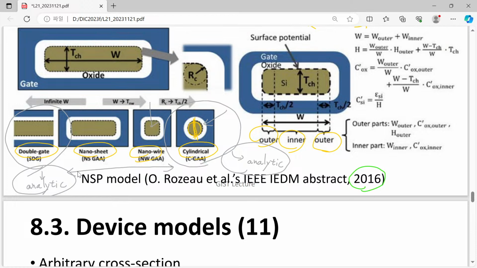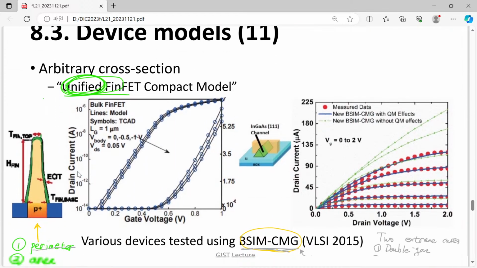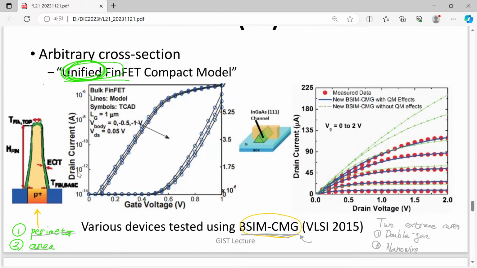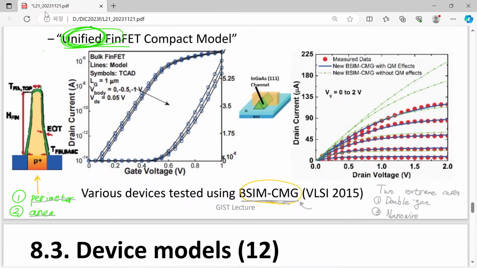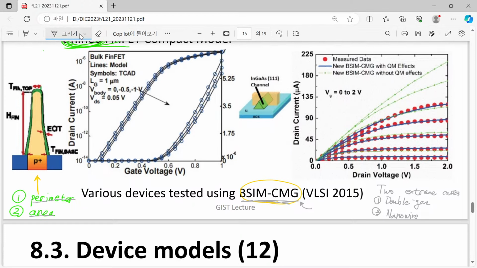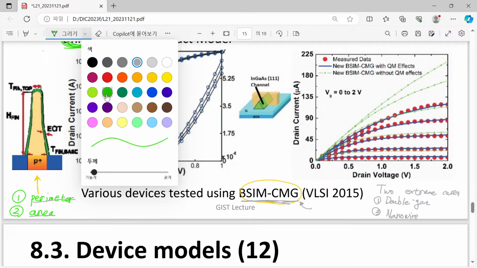That is his suggestion. And just to show that, any arbitrary shape of a transistor cross-section can be well predicted by my model. So it is working. That was his contribution and suggestion, and he is now at Apple.